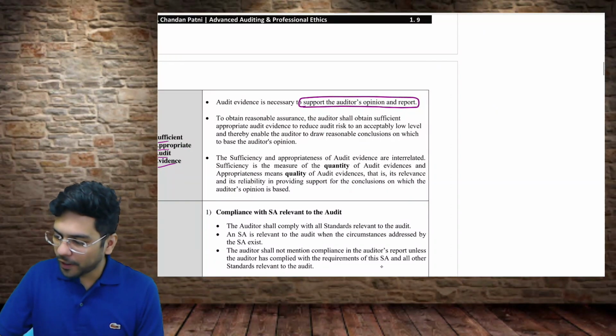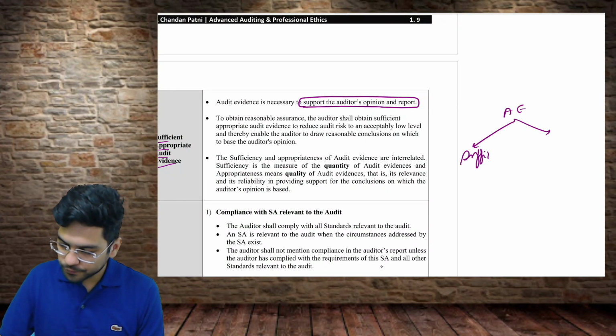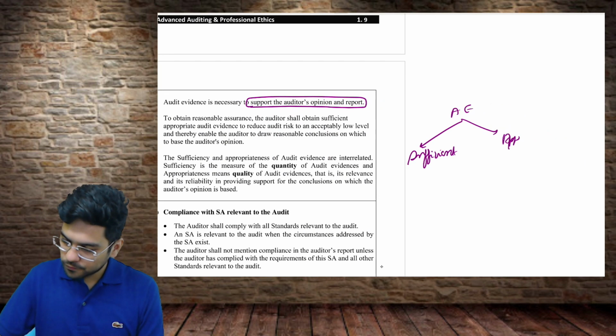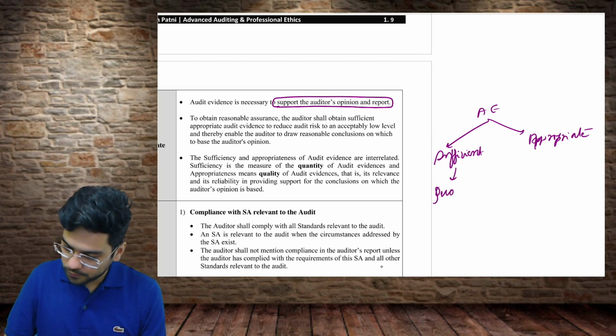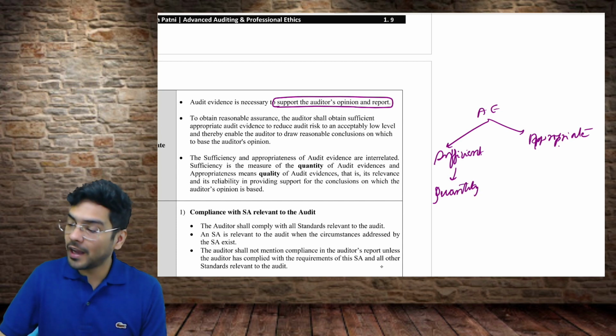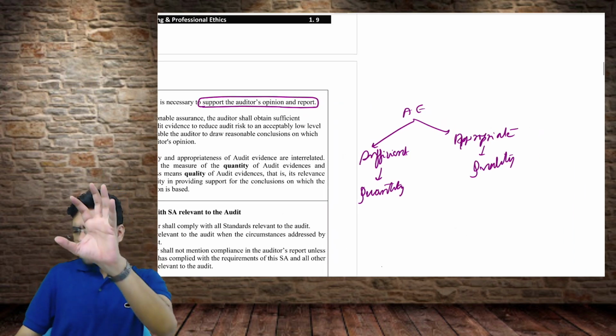Again, if I tell you guys audit evidence, we have 2 words to cover. What are the words? Sufficient and appropriate. Sufficient deals with what? Quantity. And when I say appropriate, it is what? Quality. So we are going to cover more about it in SA 500.